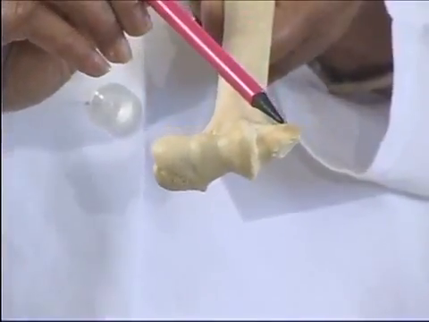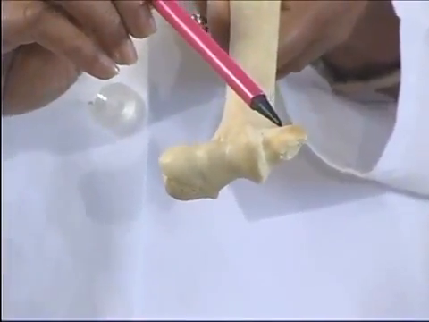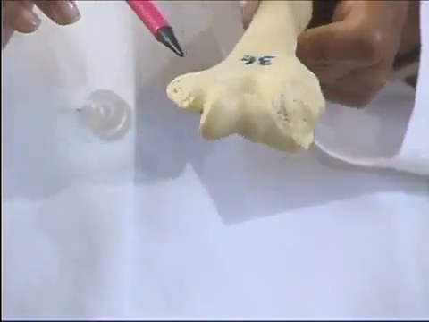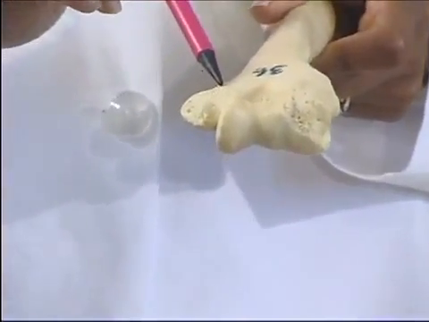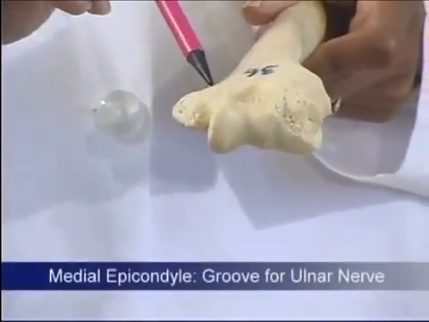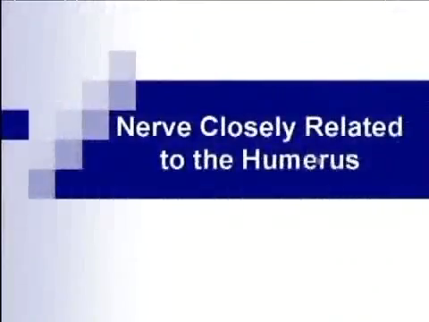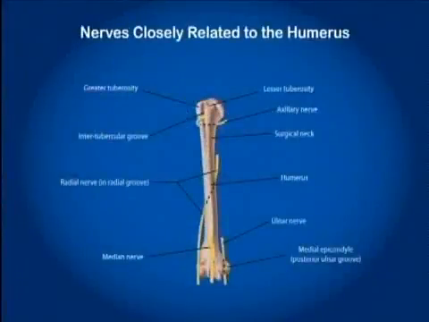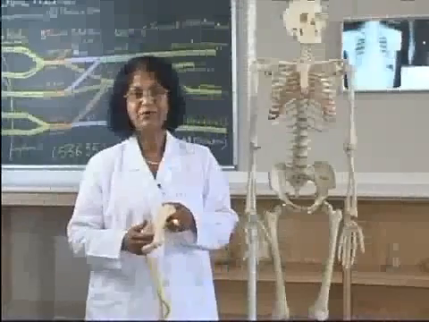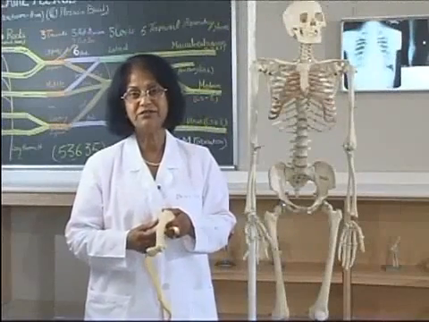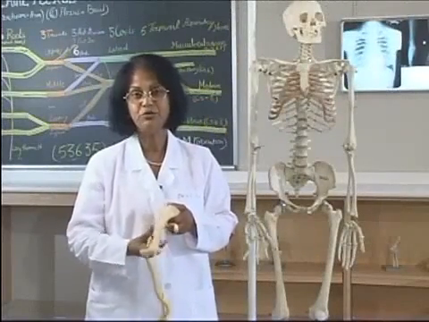Medial epicondyle clinically is very important because on the posterior aspect, there is a groove here. This groove contains the ulnar nerve. Let me summarize some of the areas where the nerves come in contact with the humerus.